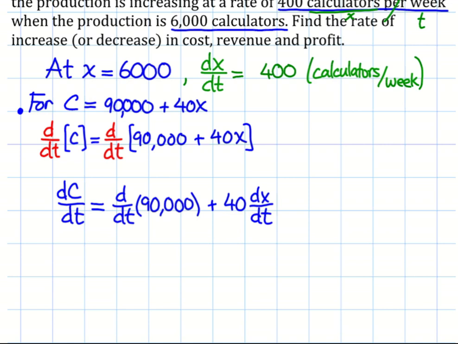Now 90,000 is a constant. The derivative of a constant is equal to 0. So we just have the derivative of the cost with respect to t, or the rate of the cost, is 40 times dx over dt. Right. Now dx over dt is 400.